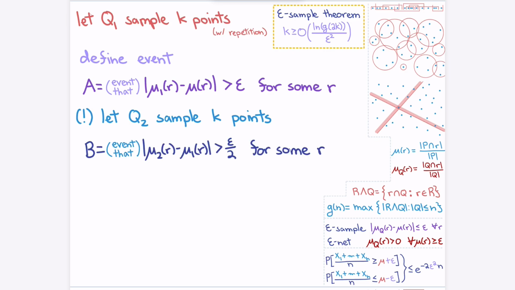Now let's look at what are the odds that Q2 messes up or is different from Q1 on some range. Notice here that we're comparing mu2 to mu1 instead of mu2 to mu. The advantage of this is that once I'm looking at mu1, there's only g of k unique values in mu1. So mu1 is only really concerned with g of k different ranges. So there's some hope to union bound over this.